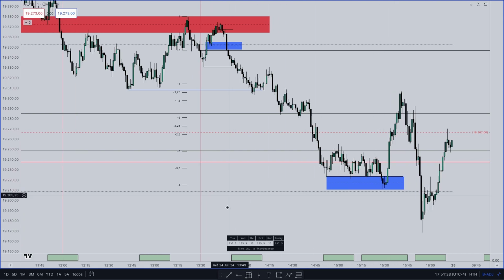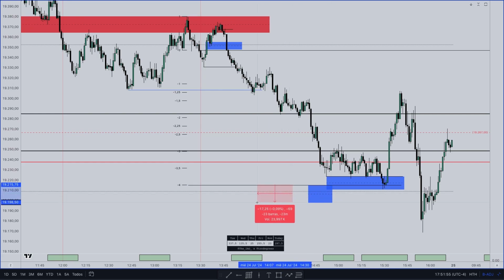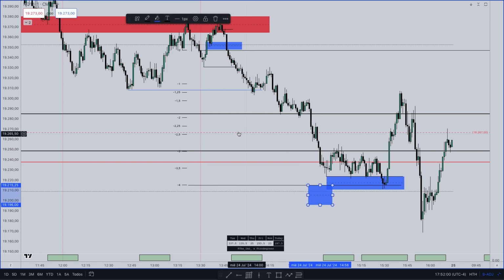So I took the 4 standard deviation of these levels as an entry level, and 20 points or 15 points above this level as a stop loss. You measure here 20 points. This is your stop loss area. This was my stop loss area here.